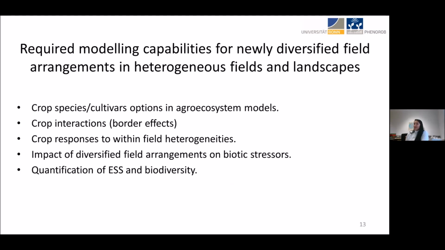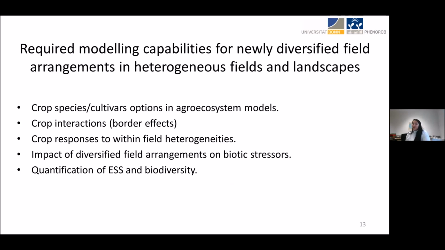Also, the crop responses to within-field heterogeneities, whether the models are able to simulate these crop responses. It will also be important in the future to look at the impact of diversified field arrangements on biotic stressors, because we know that with crop diversification there's a possibility to improve pest management, for example, in the fields.